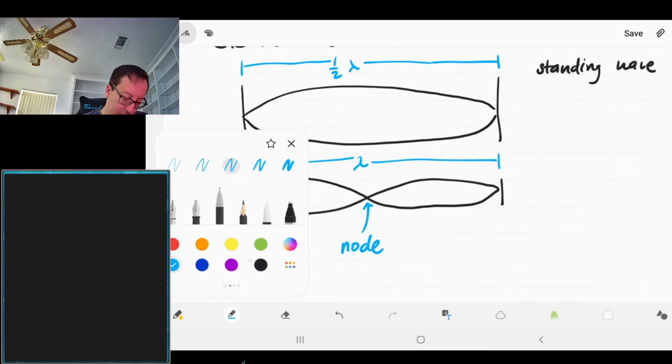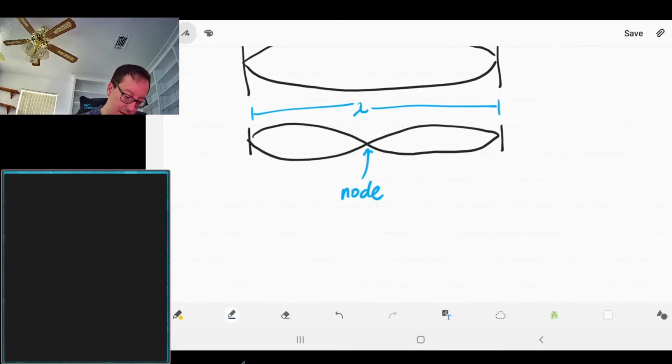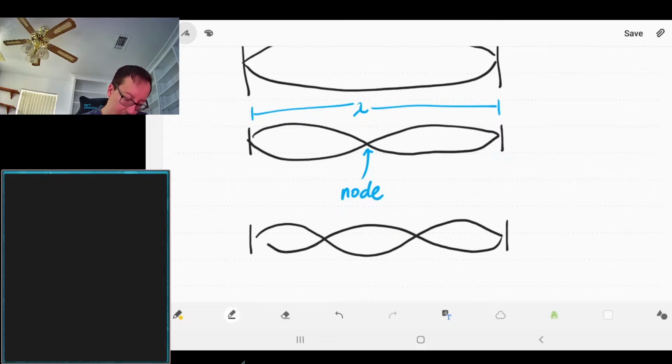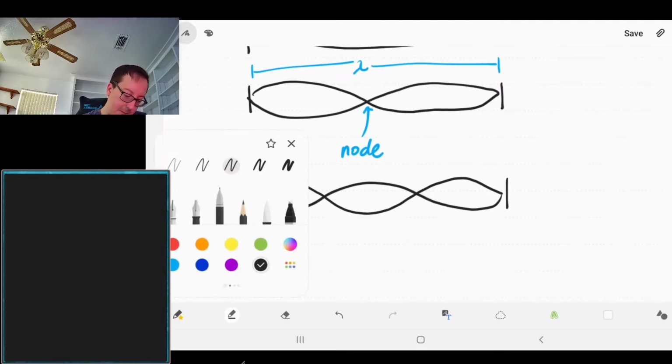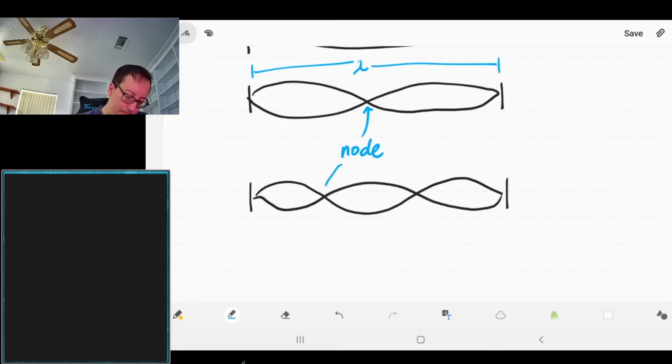If we keep increasing the speed that we're oscillating this wave, we can now have 2 nodes. Those are all nodes.